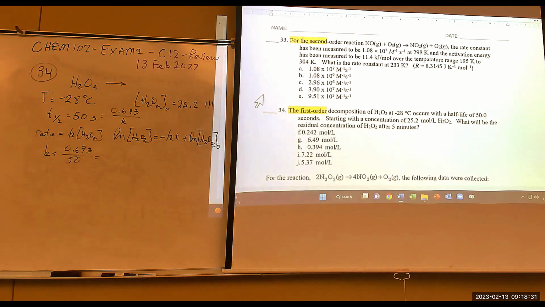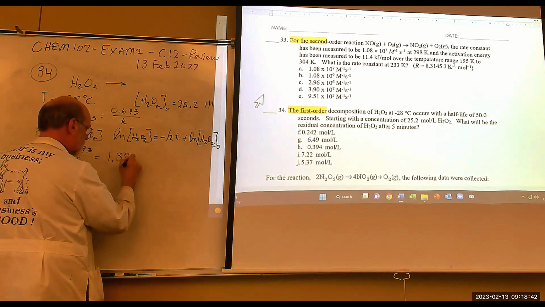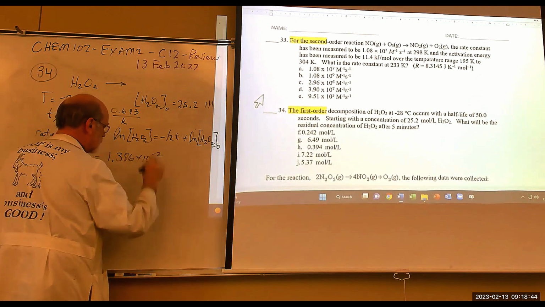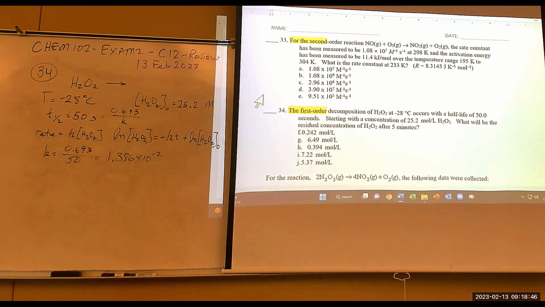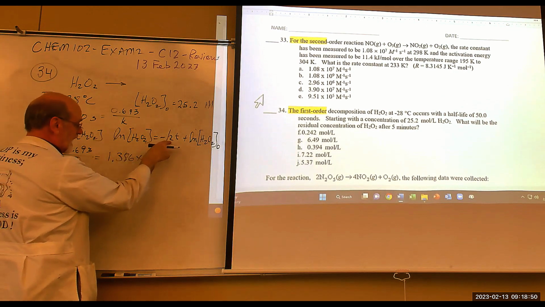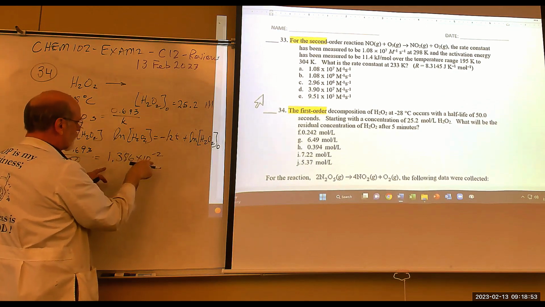Right, so let's do that. 0.693 divided by 50 is 1.386 times 10 to the minus 2. Yep. Okay. Now we can put the k in here.